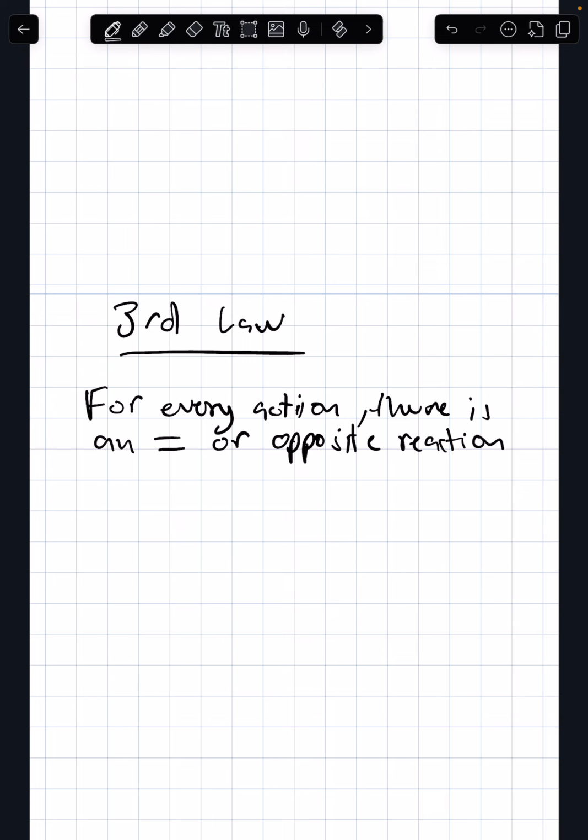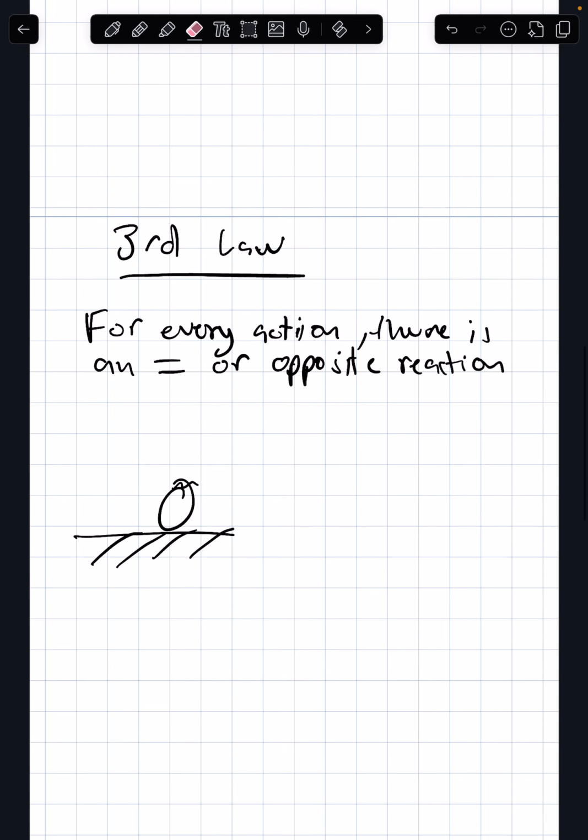So basically what it's saying is, imagine in our little apple diagram here, and you have the ground here. This is the ground, this is the little apple. I don't know if you guys are familiar with gravity. So the Earth has a gravity pull.